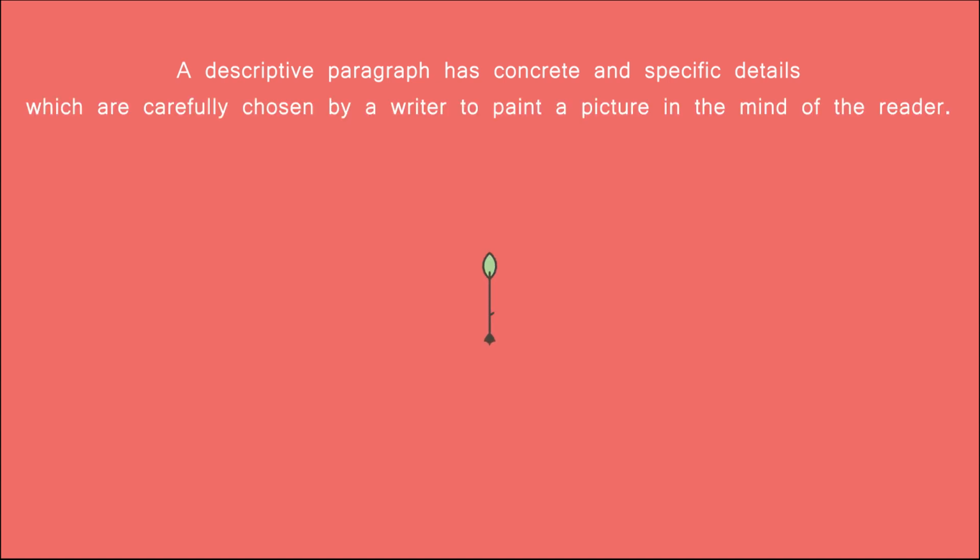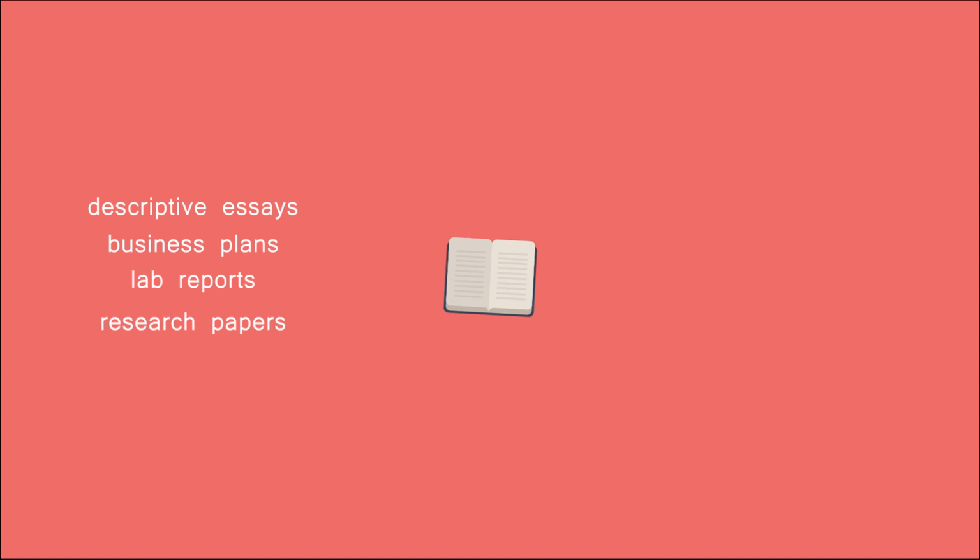A descriptive paragraph has concrete and specific details which are carefully chosen by a writer to paint a picture in the mind of the reader. Literary analysis, descriptive essays, business plans, lab reports, and research papers are some examples of writing genres that use descriptive paragraphs.